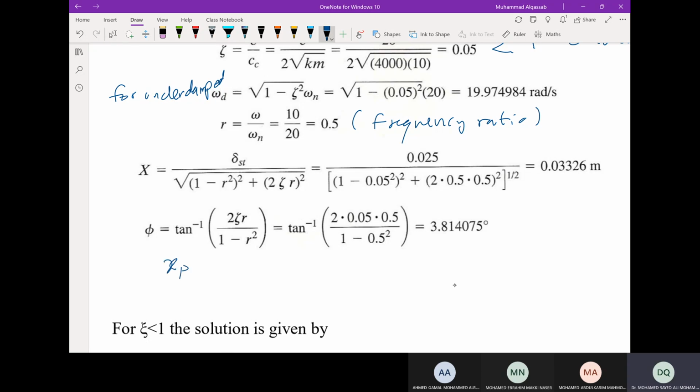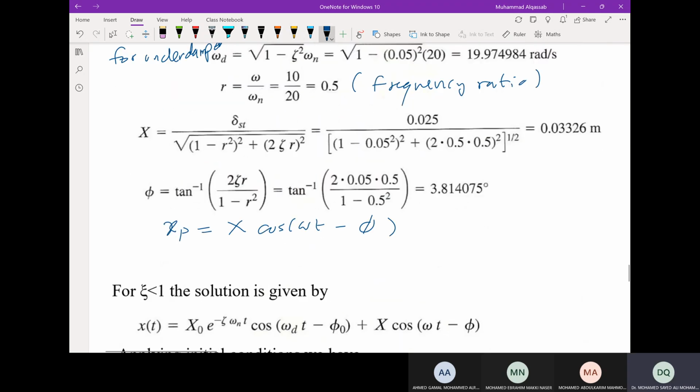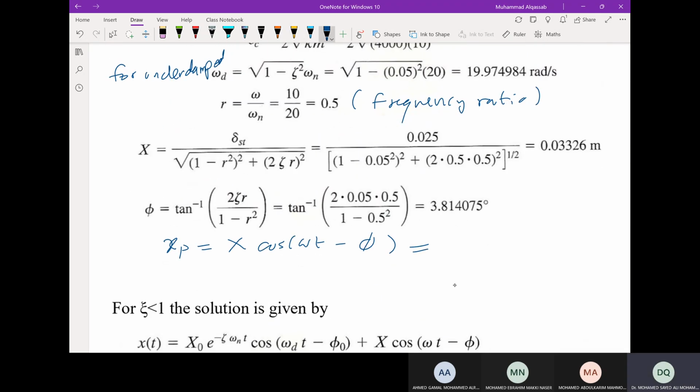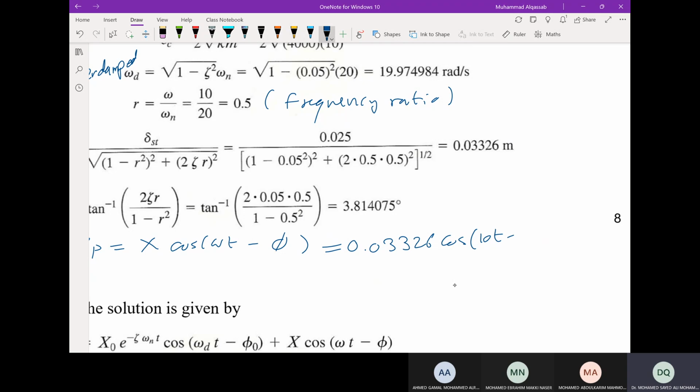So x particular becomes X cosine omega t minus phi, I think he's using minus, okay? So this equals 0.03326 cosine of omega t, omega is 10, t minus 3.8, but this should be in radians.